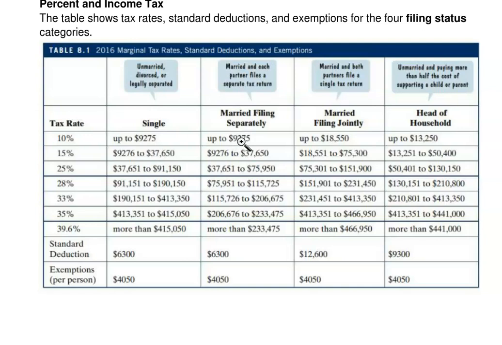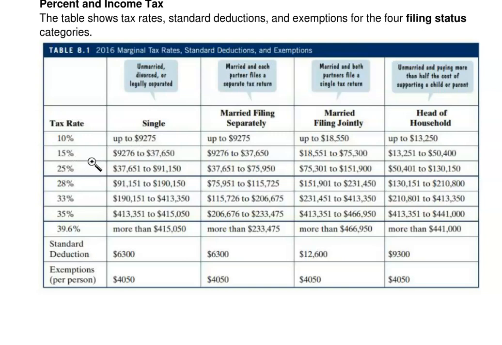Instead of getting cut off at $9,275, they're letting it run up to $13,250. So you'll end up paying less taxes because let's say you're making $35,000 a year. More of that's going to get taxed at the 10% rate and less of it at the 15% rate than if you're filing single. The sooner it hits that 15% rate, the more money you're paying, right?